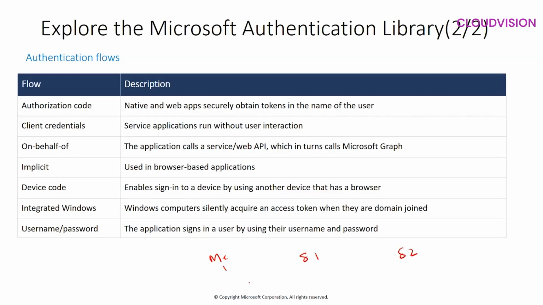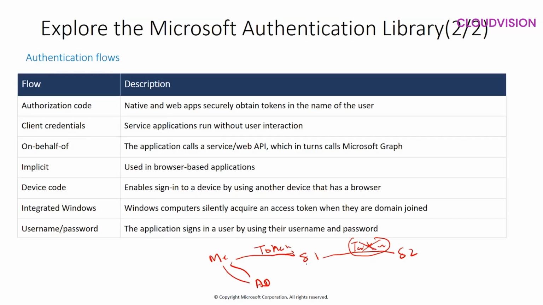I proved my authenticity with AD and got a token back. With that token, I submit a request to service one. Service one knows me, so it validates the token. But when it sends a request to service two with the same token, service two says, I don't understand this person. I don't have any entry for them. This token does not have permission to work with me, so I can't allow you to do that.